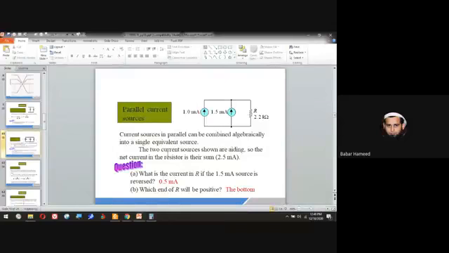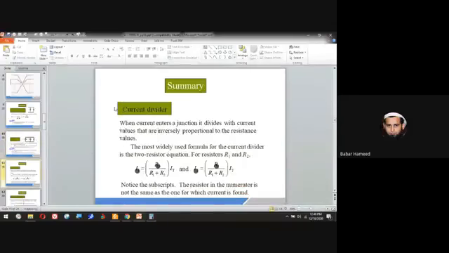Now, another concept, current divider. Like we studied voltage divider in our series circuit, we want to study current divider and we want to design current dividers in parallel circuit.